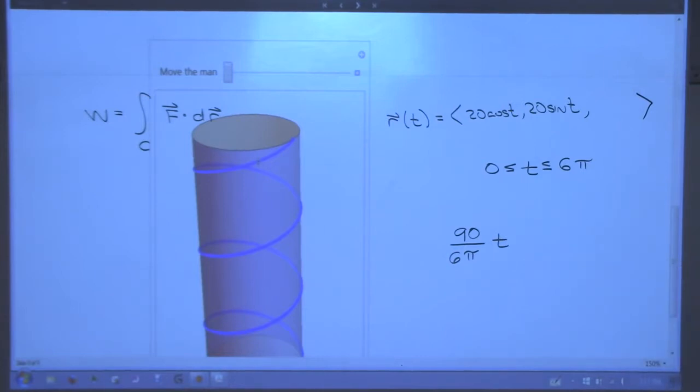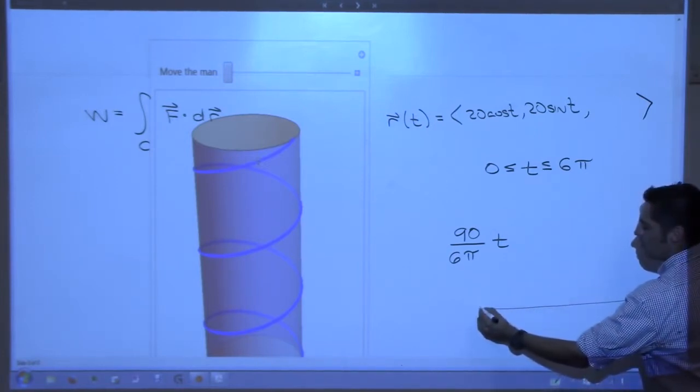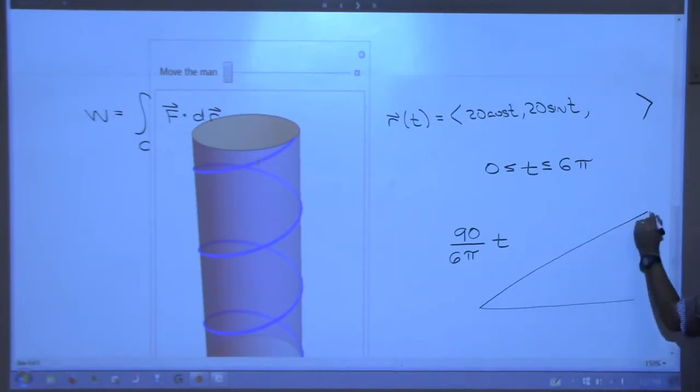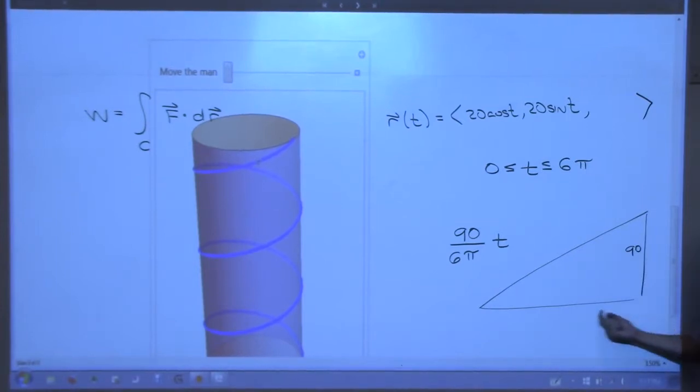Make sense? You could almost do it this way. If you uncoil that thing and straighten it out, keeping its angle, that's the blue thing, but straightened out. This has to be 90, right? But the question is, how long is this?